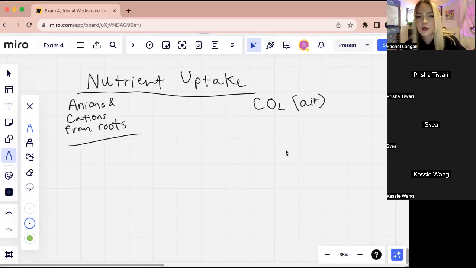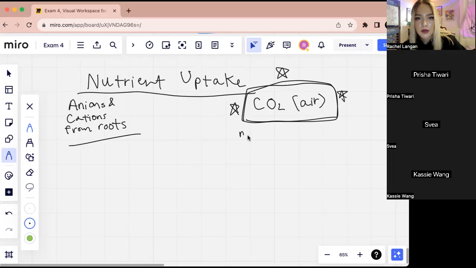Okay, this is the one place I would say you need to be prepared for a mass balance question. And it has to do with the carbon nutrient uptake. So first of all, I want you to star that and remind yourself that most of the plant biomass is from carbon in the air.